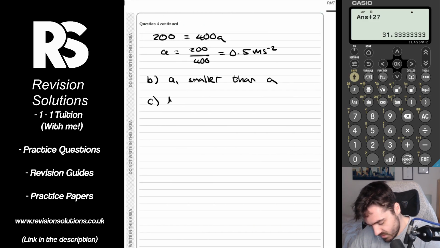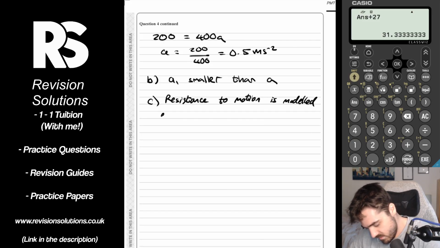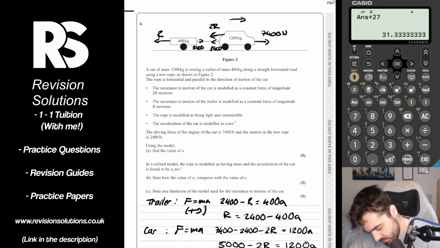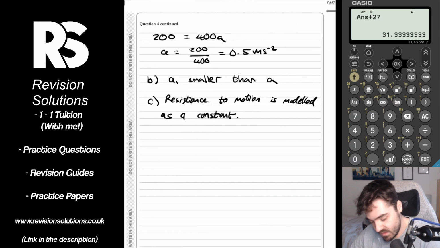So it's modeled as a constant, and it should be dependent on speed.